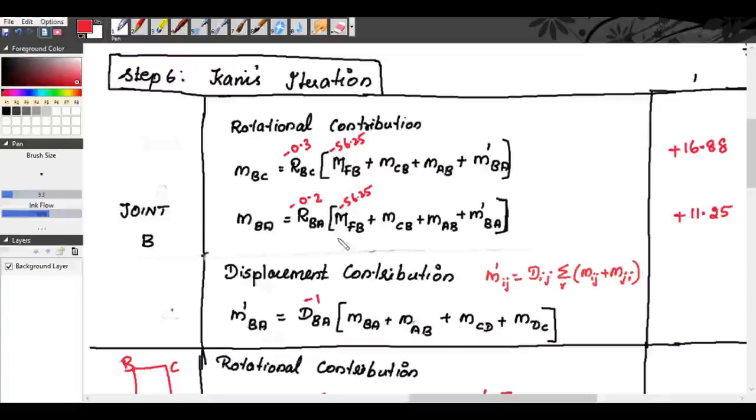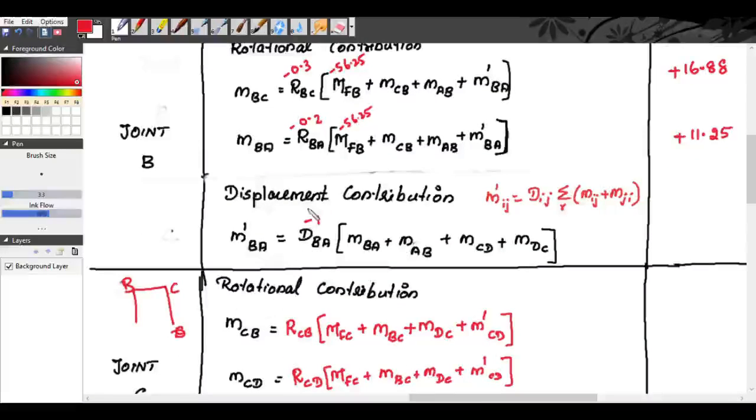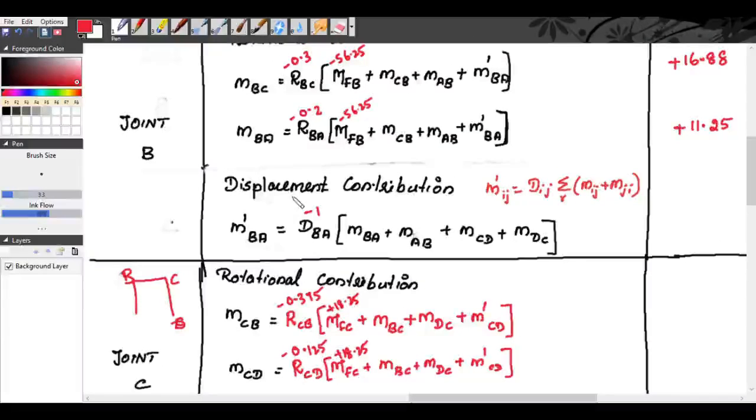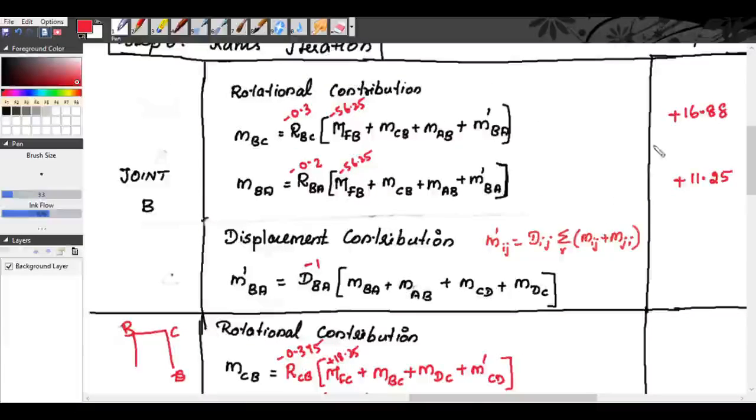Now, we will find this. RCB is minus 0.375 and RCD is minus 0.125. MFC is plus 18.25. The remaining things we will take from the previous iterations. What is MBC now? MBC we have calculated as plus 16.88.